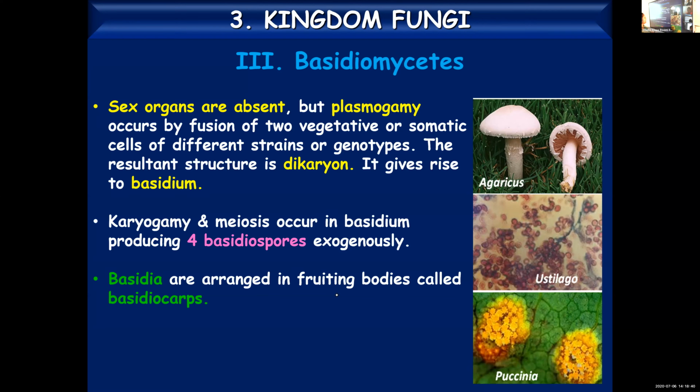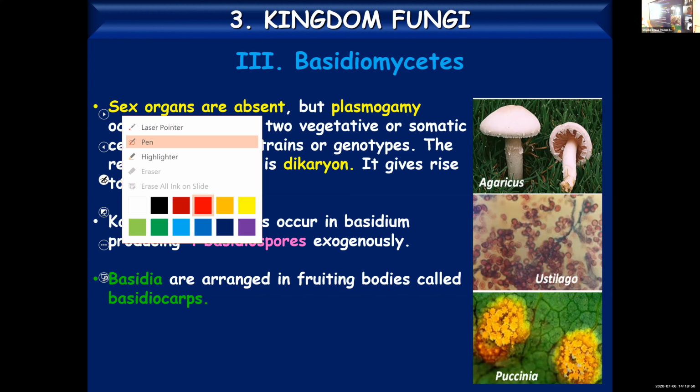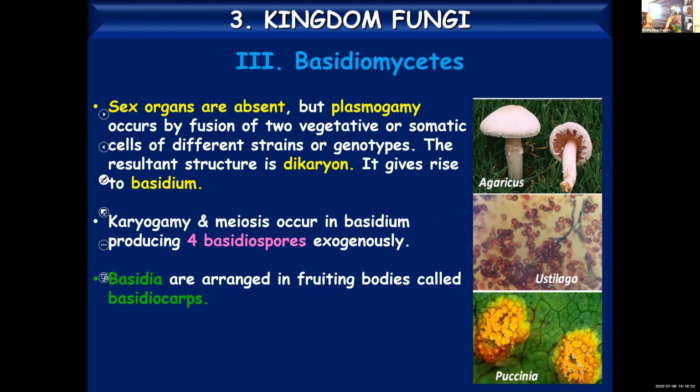Okay. Once again, I will repeat. Basidiocarp, basidium, basidiospore. If you take the case of a mushroom, this entire thing you can call the basidiocarp, and here the basidium is present, and inside you have basidiospores. The entire structure that you see is known as basidiocarp, and basidia are arranged on it.